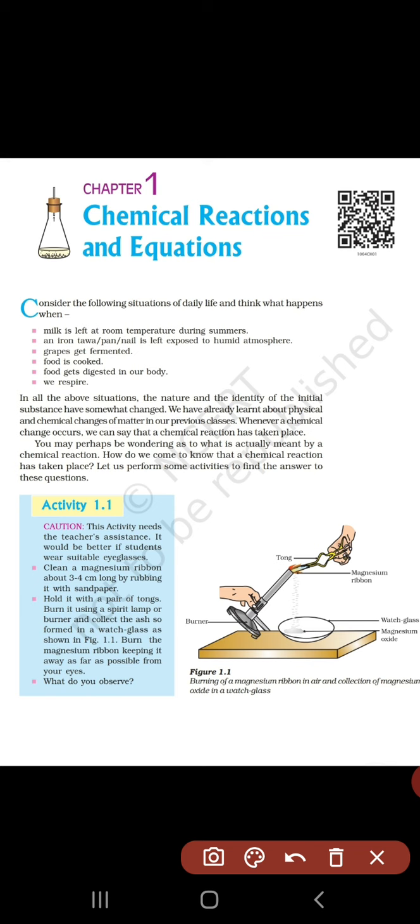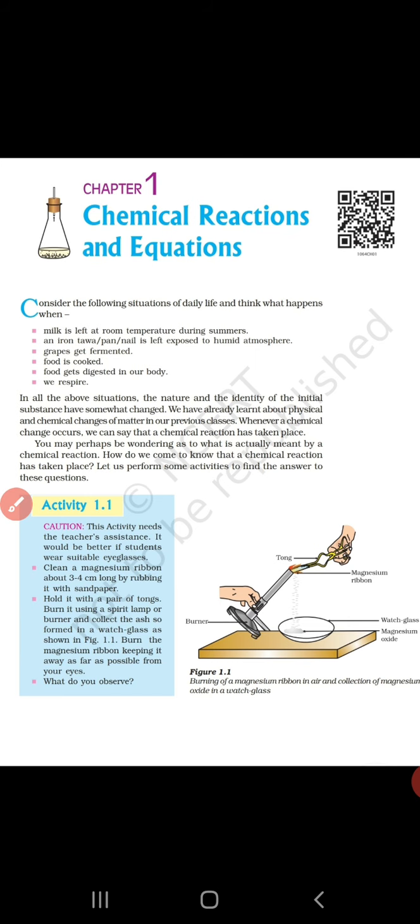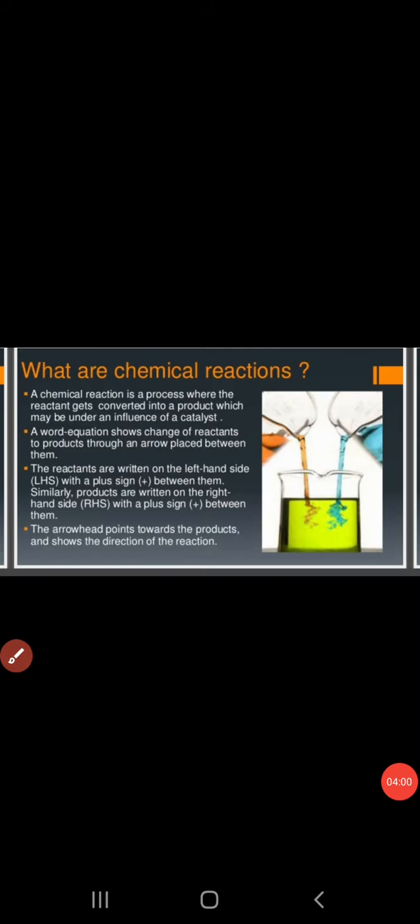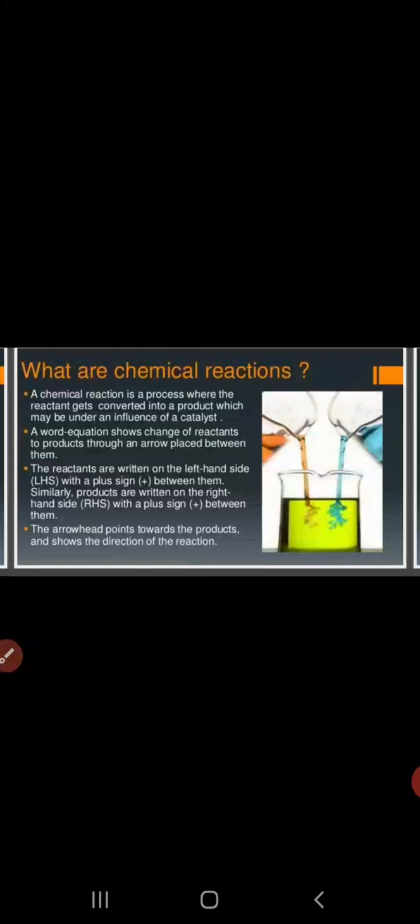What is meant by a chemical reaction? A chemical reaction is a process where the reactant gets converted into product.